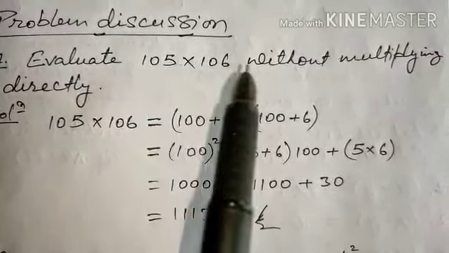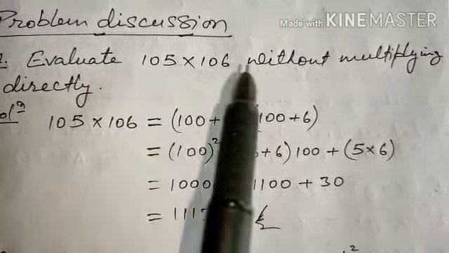So the suitable identity I think we have is this one, (x plus a) into (x plus b). So I'm using that one. First of all, to change this form, we change it to 100 plus 5 and 100 plus 6. So the things are same. Now 100 is in place of x, and 5 and 6 are the values of a and b.